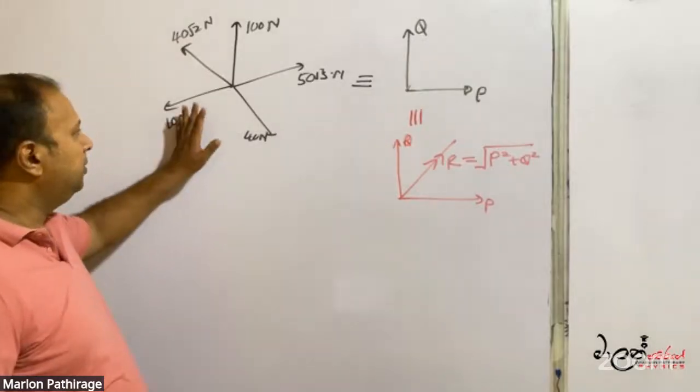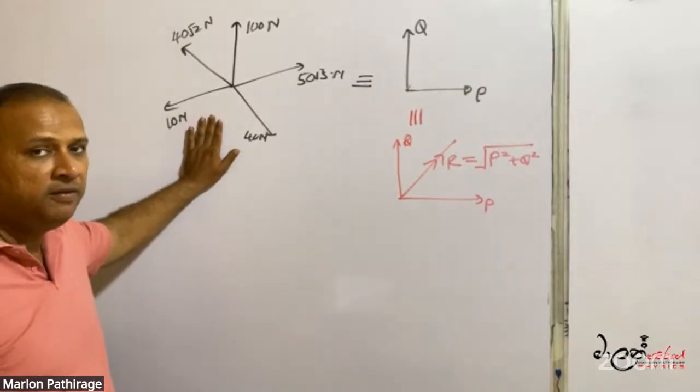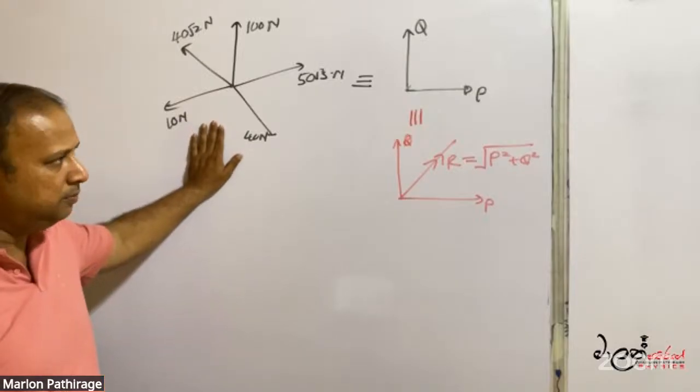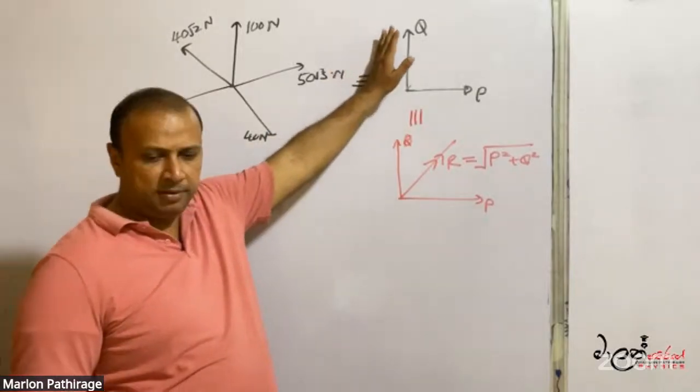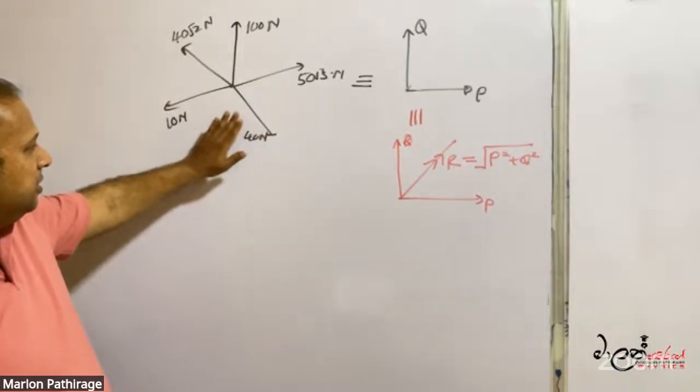Okay, now draw the vector system today. Only the vector system. Don't draw this one. Just draw the vector system.